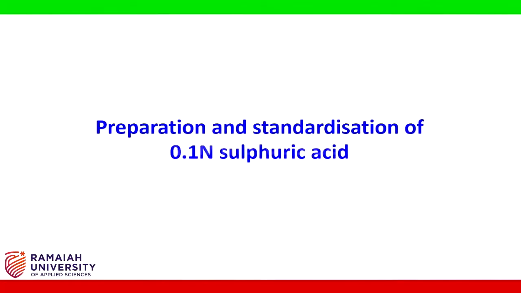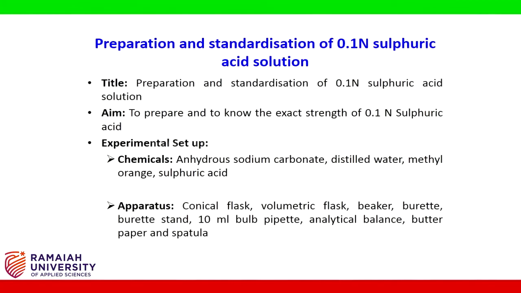Hi students, title of the experiment is Preparation and Standardization of 0.1 normal sulfuric acid. Aim of the experiment is to prepare and to find the exact strength of 0.1 normal sulfuric acid.